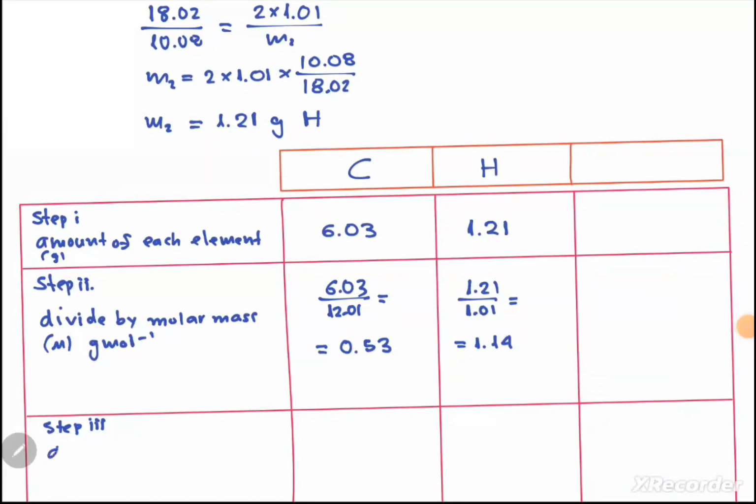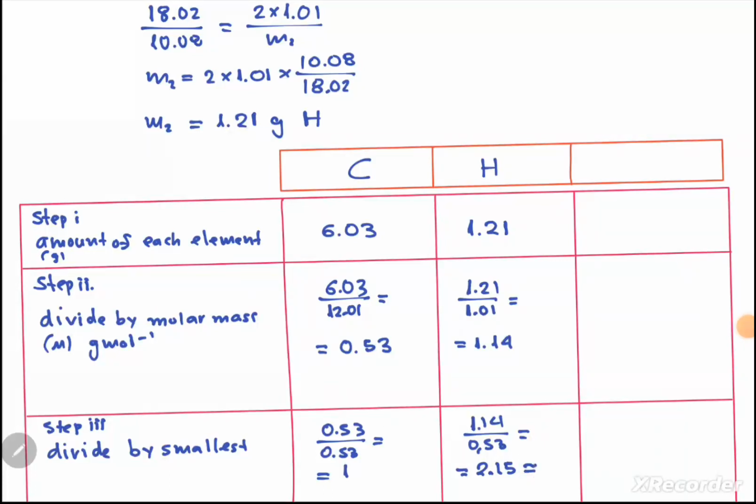we divide its result by the smallest. So we have one for carbon, and 2.15 for hydrogen, and the nearest whole number is 2.